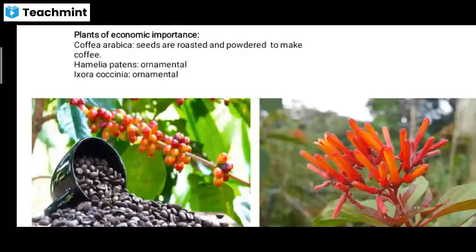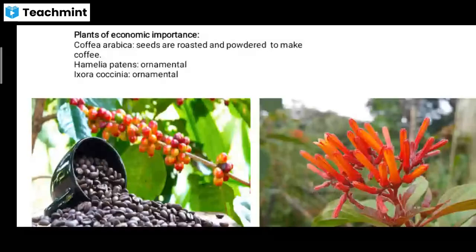Then another member of Rubiaceae is Hamelia patens. Hamelia patens is mostly used in gardens for ornamental purposes because it has very attractive orange flowers, and in many gardens it is cultivated as an ornamental plant.